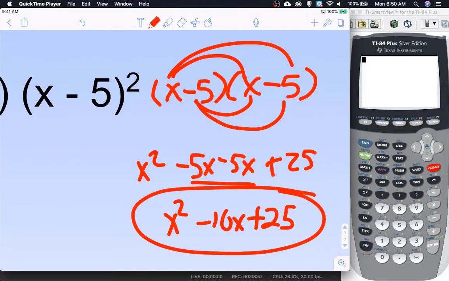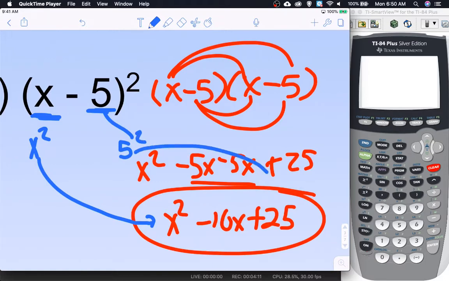This is the pattern from the vocabulary. It says you take this piece and you square it. It says you take this piece and you square it. And then it says you take 2 times these pieces multiplied together.